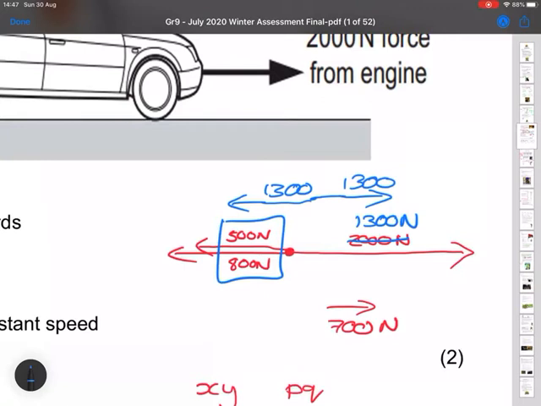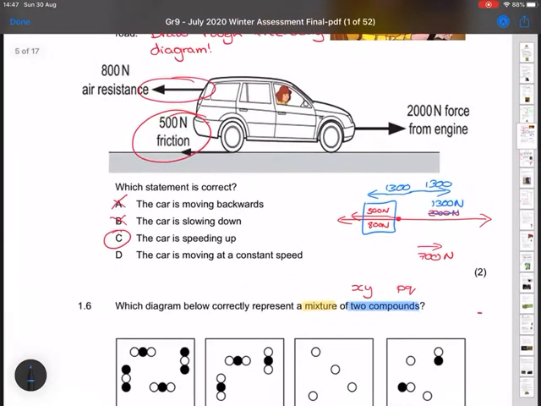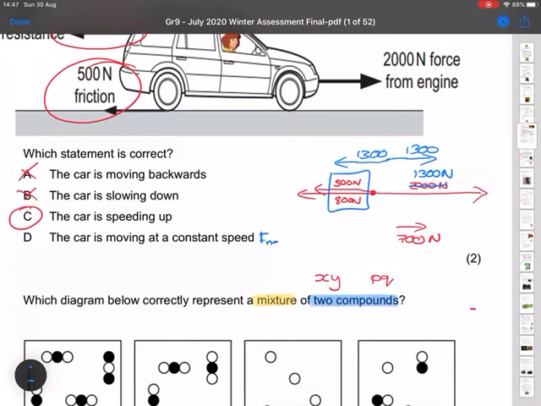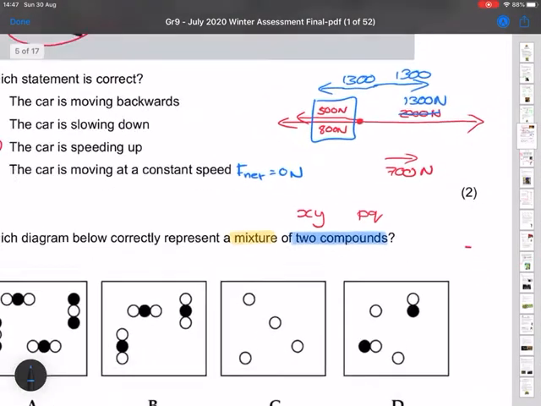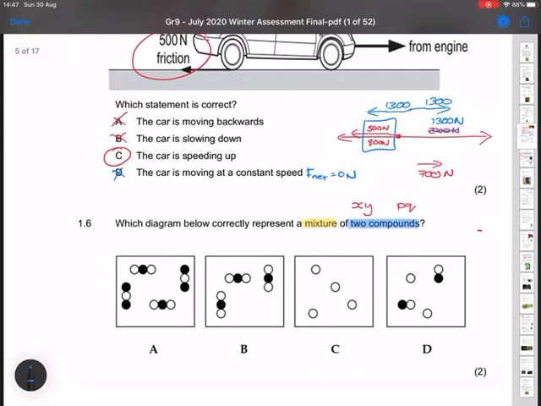And so they cancel each other out. So then F net is 0 newtons. That would be the car moving at a constant speed or stationary. But you did have a net force. The net force was 700 newtons to the right. That's why the car was speeding up.